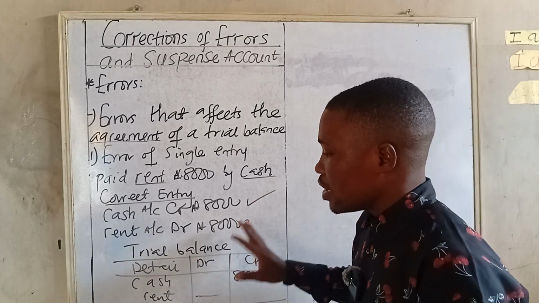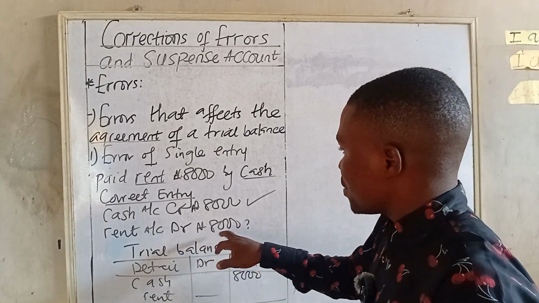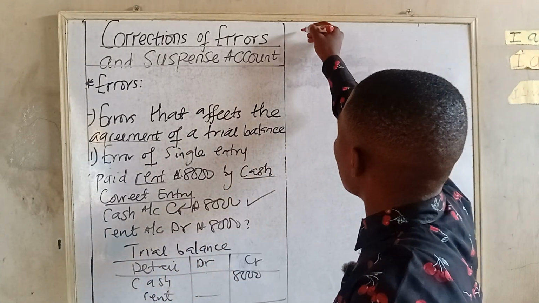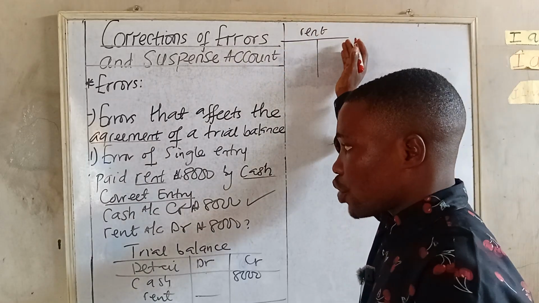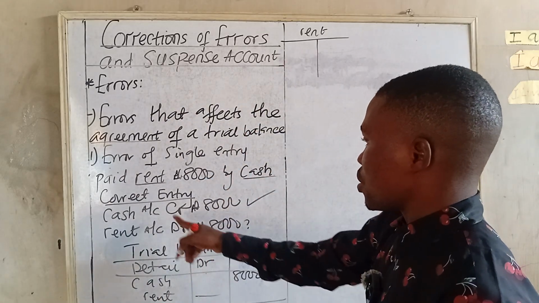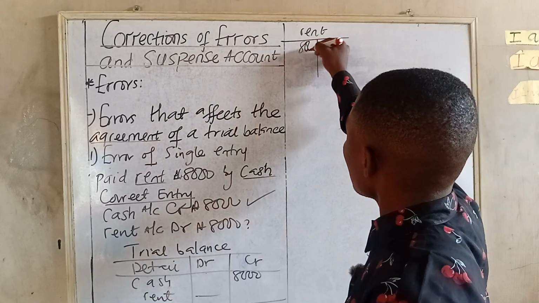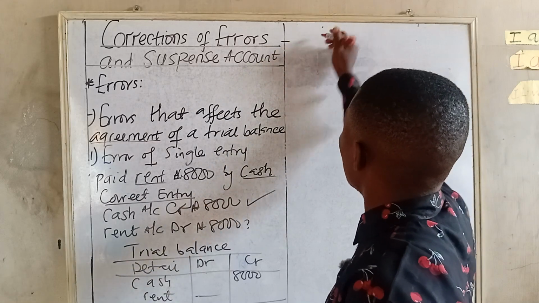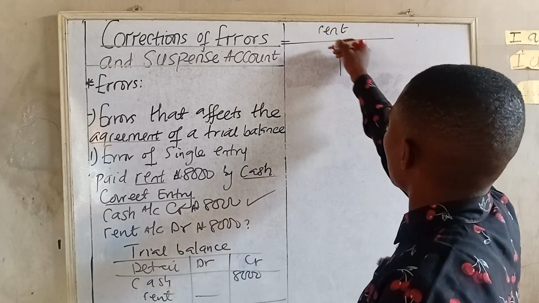So it means that nothing we are doing here. Just open your rent account again and record it back, because you forgot to record it. Normally rent is debited with what? 8,000. So let me write rent 8,000.